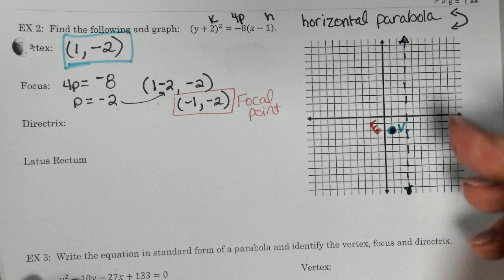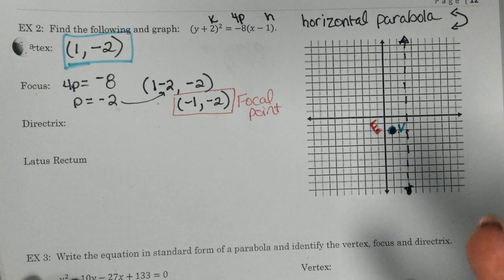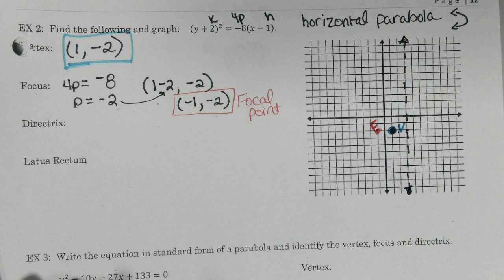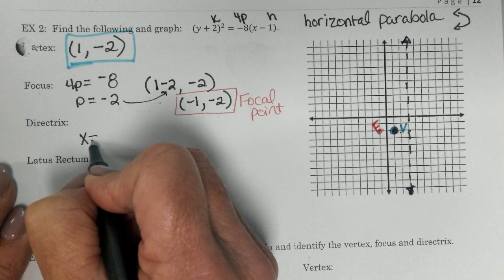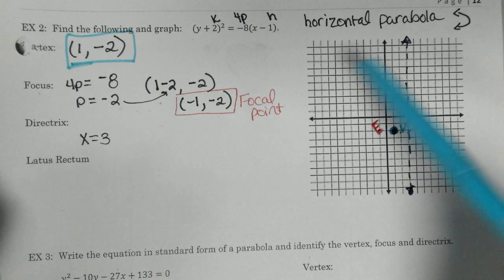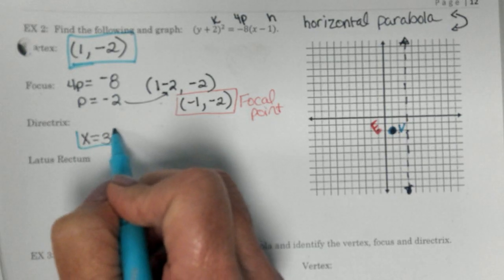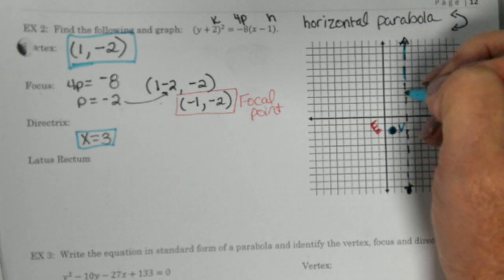And now, just looking at this, what is the equation of it going to be? X equals 3. There you go. So our equation is x equals 3. I'm going to go ahead and color that.